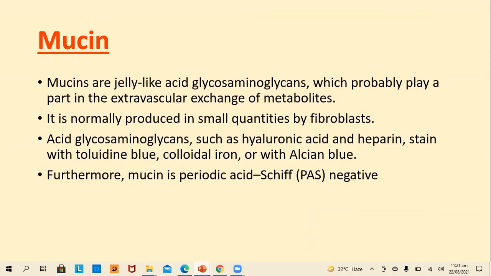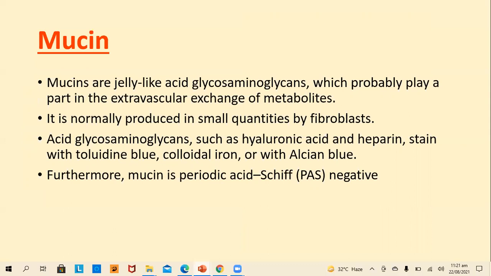Mucins are jelly-like glycosaminoglycans, which probably play a part in extravascular exchange of metabolites. It is normally produced in small quantities by fibroblasts. Acid glycosaminoglycans such as hyaluronic acid and heparin stain with toluidine blue, colloidal iron, or Lichen blue.